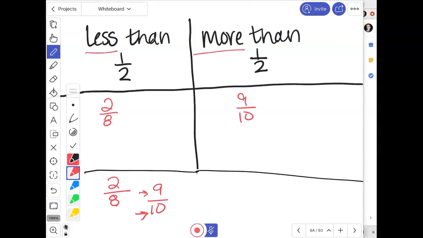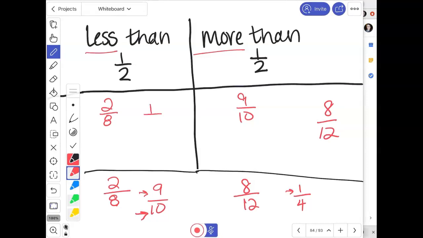How about 8/12? What's 1/2 of 12? 6. This is more than that. Okay, how about 1/4? What's 1/2 of 4? It's 2. Is 1 more or less than 2?